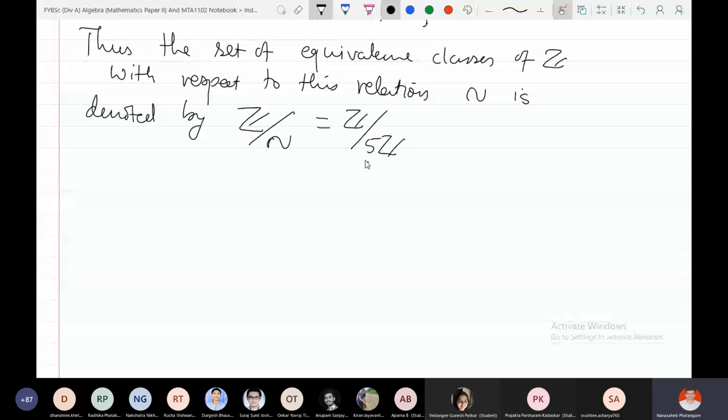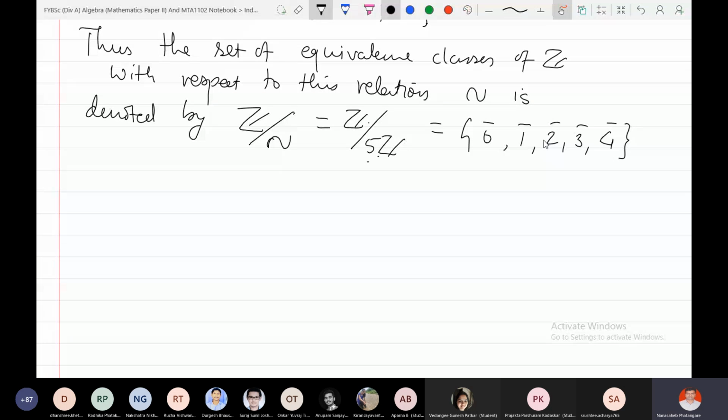How do we get the classes? Z modulo multiples of 5. And what is this set? 0 bar, 1 bar, 2 bar, 3 bar, 4 bar. So what is Z modulo 5Z? Multiples of 5. This is a notation, remember. Don't bother about how I can write this.